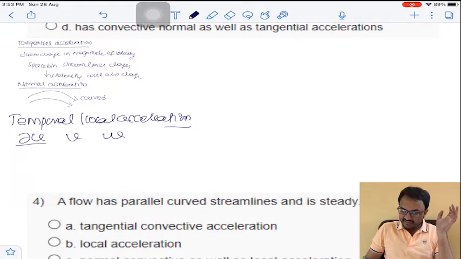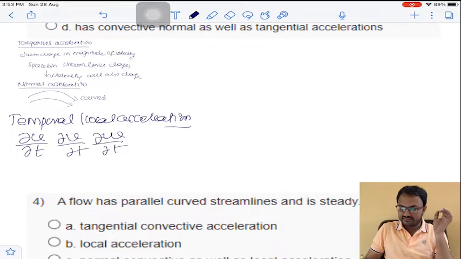So this rate of change of displacement vector along x direction is dou u by dou t, dou v by dou t, dou w by dou t. So these are called temporal or local acceleration, or convective acceleration.